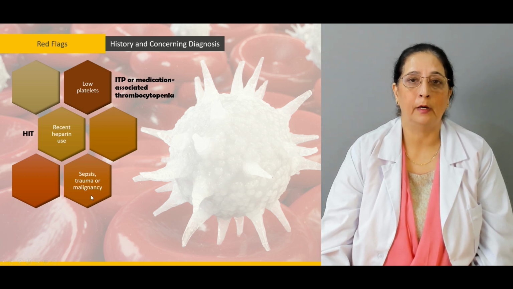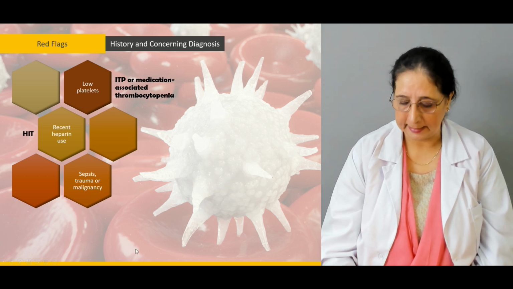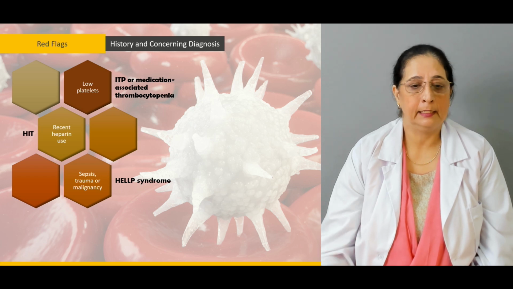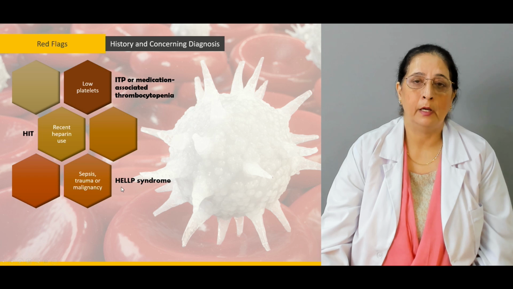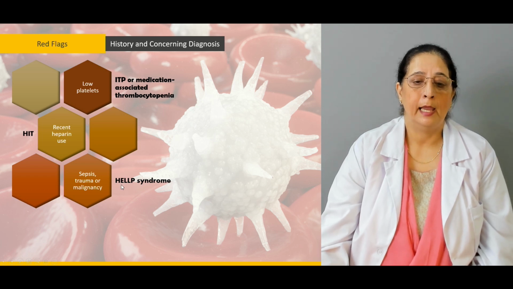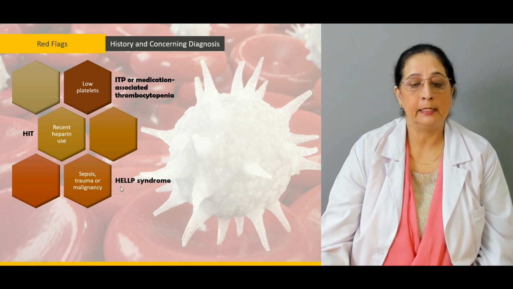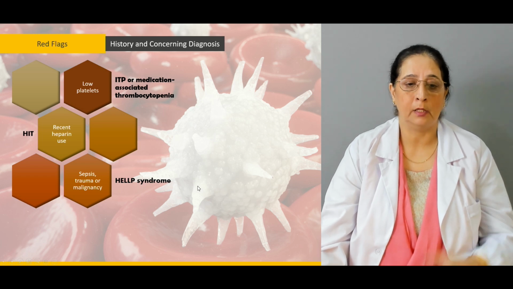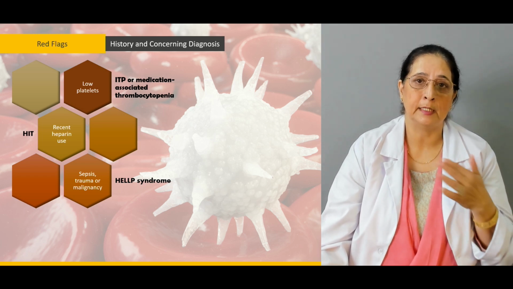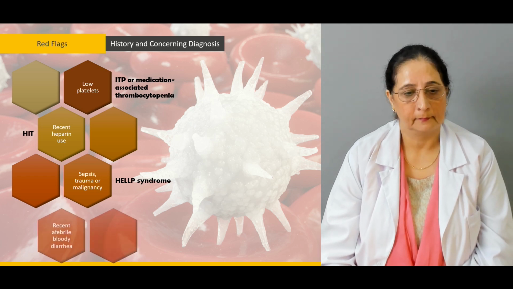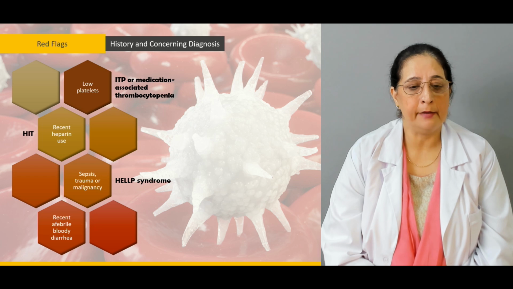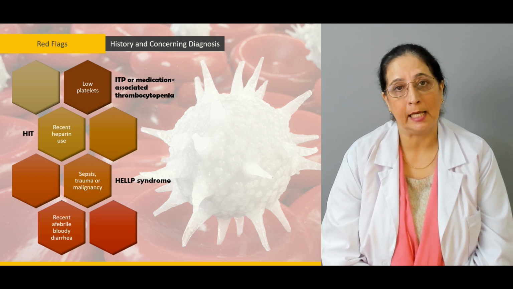Sepsis, trauma, or malignancy. Again, it can be associated with hemolysis, elevated liver enzymes, low platelet count syndrome. So all of that is sepsis, trauma, or malignancy. Then recent afebrile bloody diarrhea.